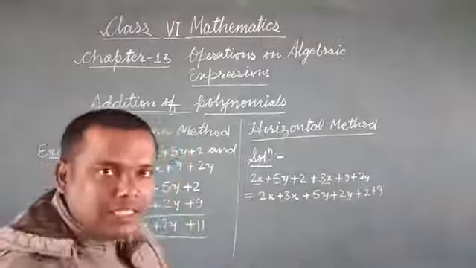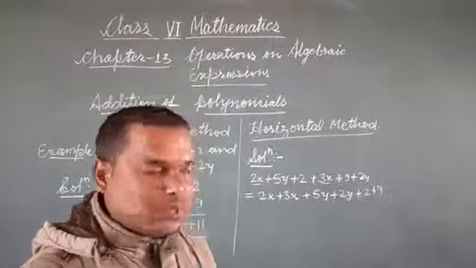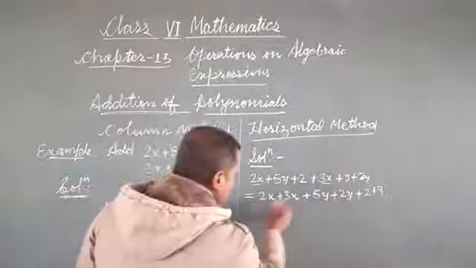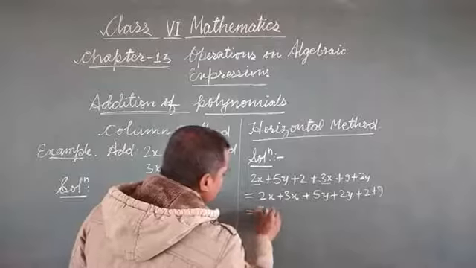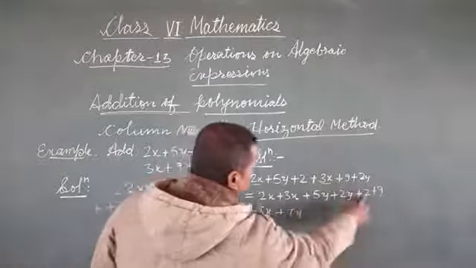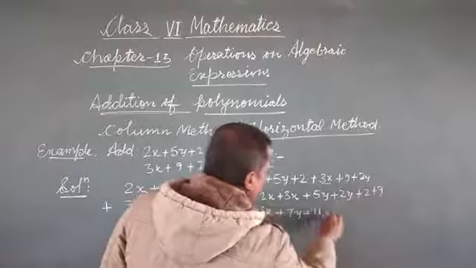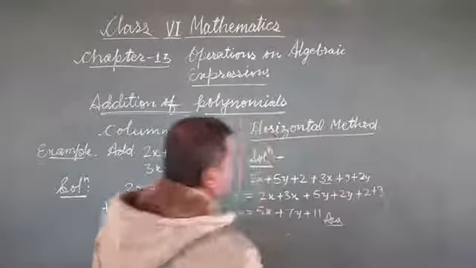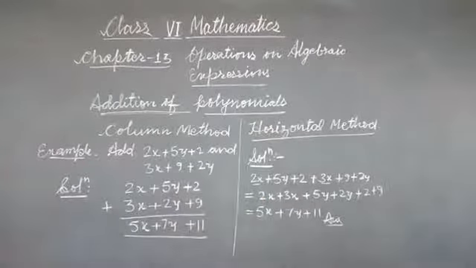I am going to group the like terms together. Thereafter 2x plus 3x will be 5x, 5y plus 2y will be 7y, and 2 plus 9 will be 11. So this is the required sum according to the horizontal method.